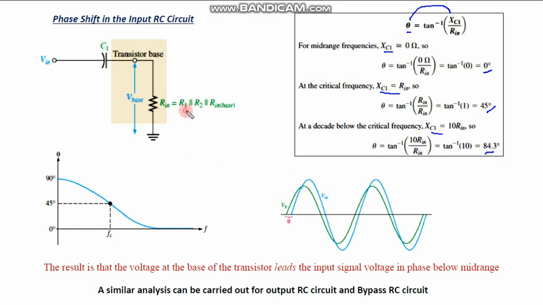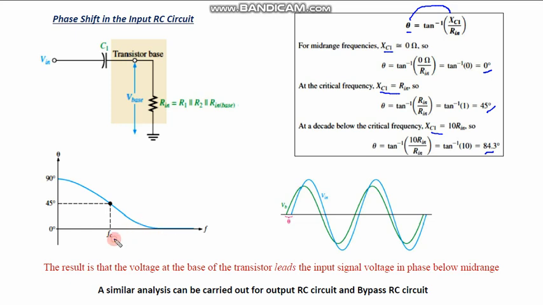So this was the board plot. This is frequency. At FC, your phase is 45 degrees. It's better to plot frequency versus the calculated theta values.